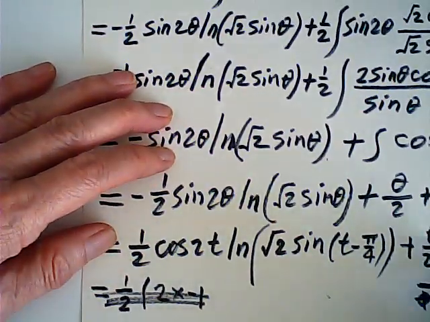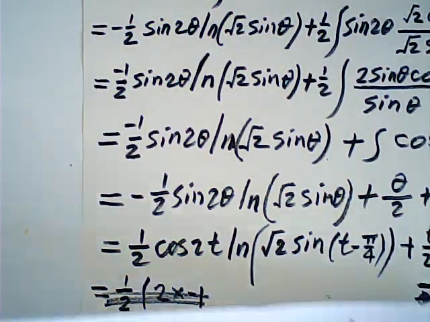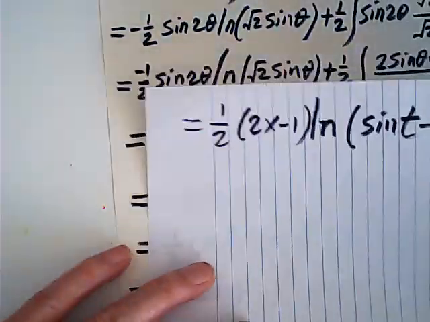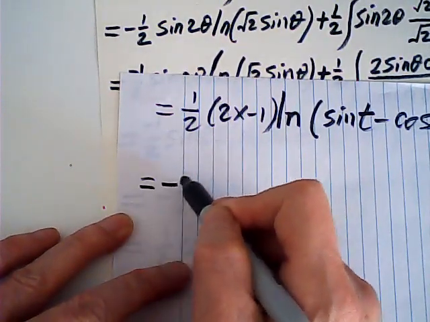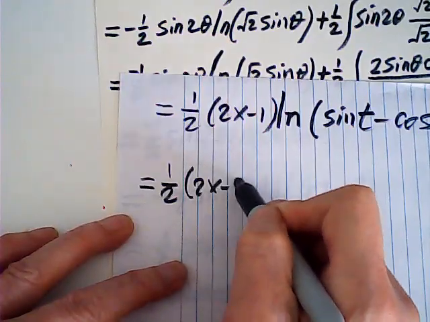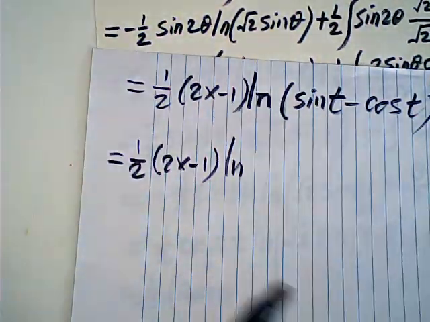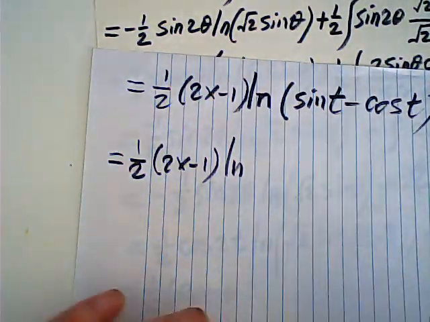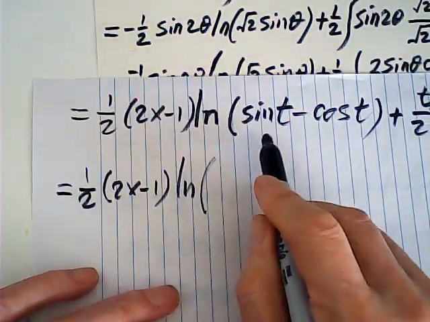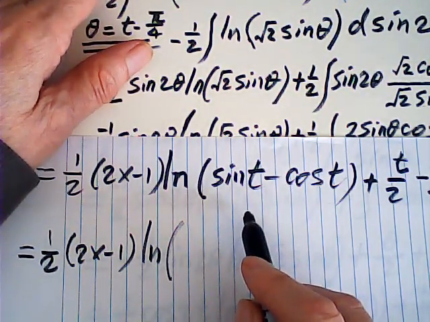So everything is done. Let me write the result. This is 1/2 of 2x minus 1, natural log of sine t.